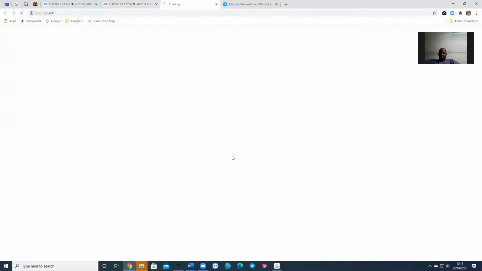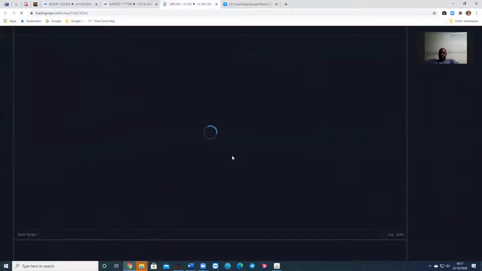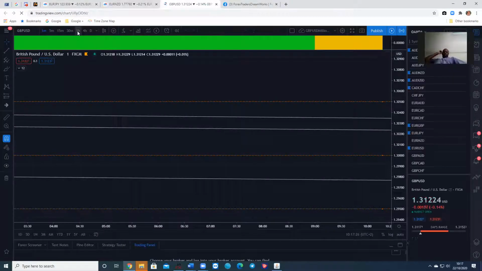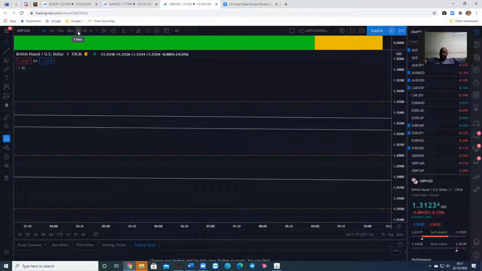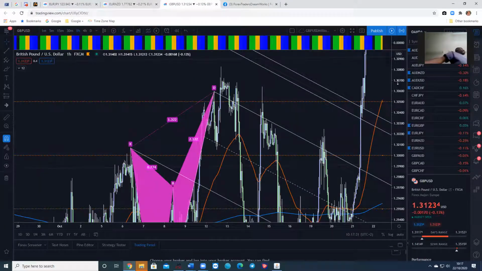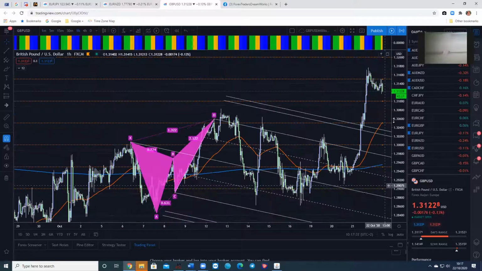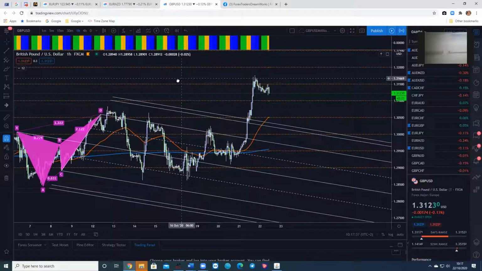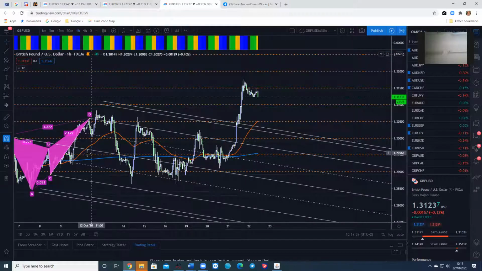So GBP USD I'll go to first. I did draw up a couple of new scans last night and put them in the chat and in the groups. So this strong rise here was apparently on the fact that the talks have resumed between the EU.